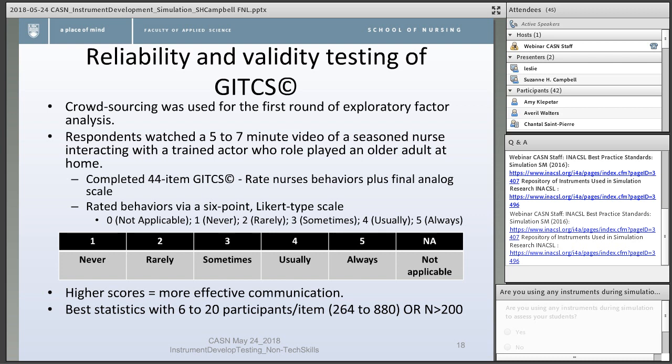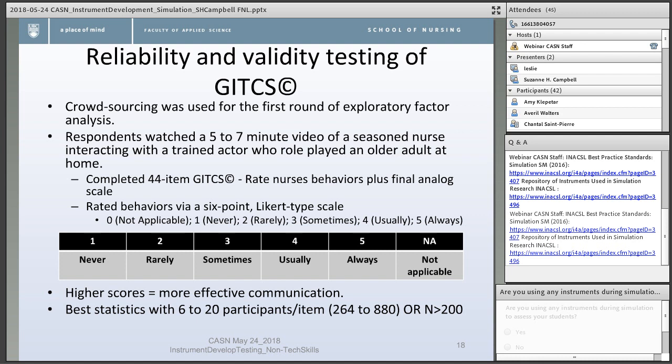As you can imagine, the higher score represented more effective communication, and when you are testing with that factor analysis, your best statistics are to recruit 6 participants minimum per item. 20 is the ideal. I always thought 10 was pretty good because the caveat is or an N of greater than 200.